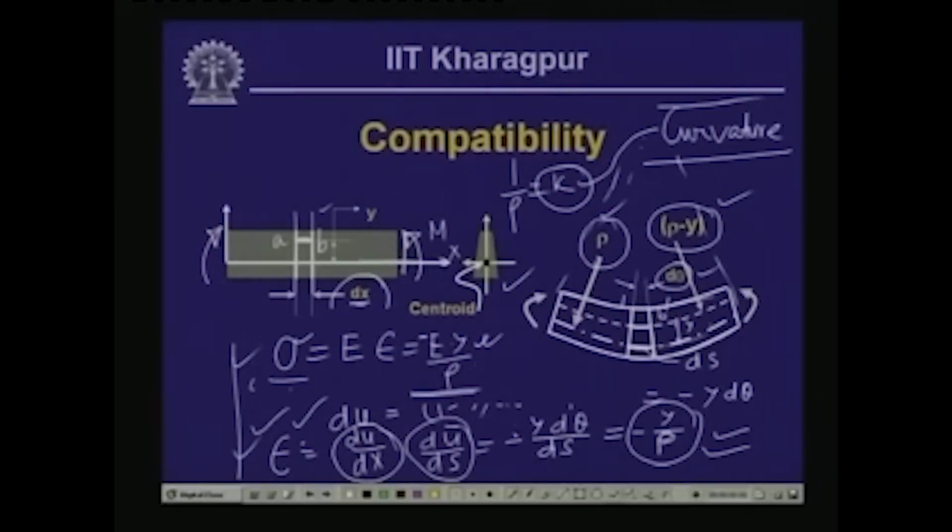Now, we will have to look into the equations of equilibrium, so that we can establish the relationship between the stress and the corresponding stress resultant, which is the moment. Now, here if we look into the equations for equilibrium, let us keep these aspects in mind, that epsilon is equal to minus y by rho and sigma is equal to minus E y by rho, and we need to locate where along the depth the variation of y is.